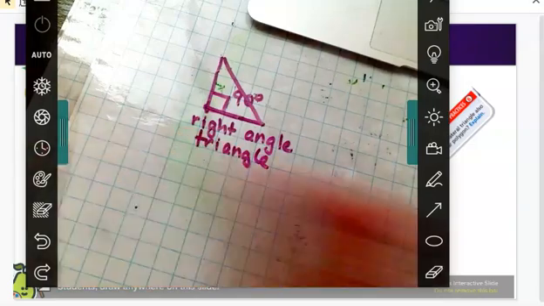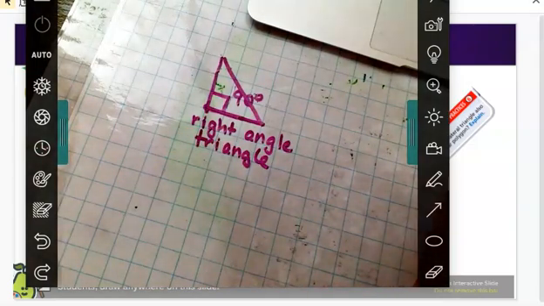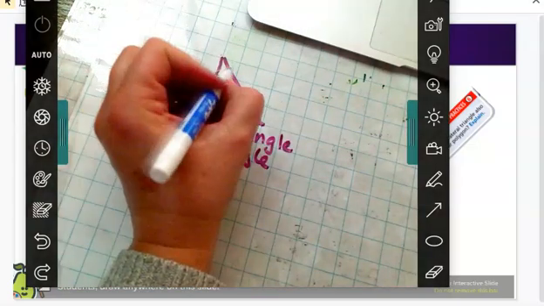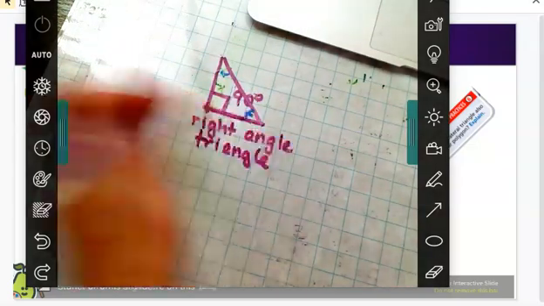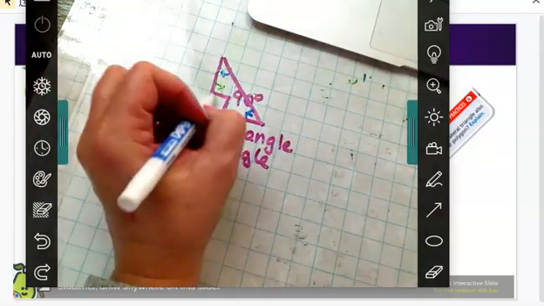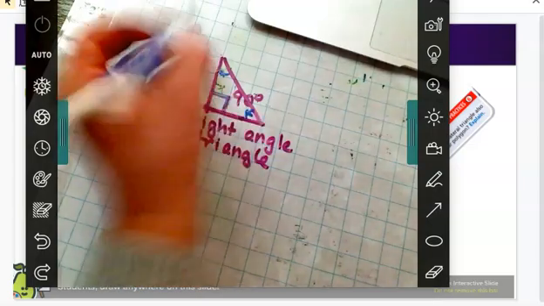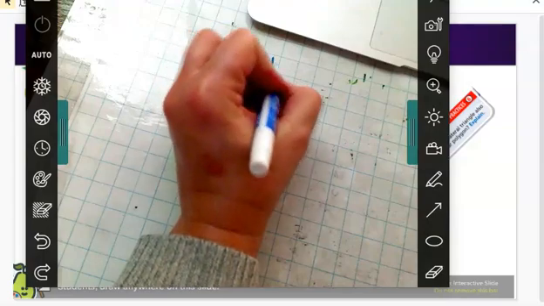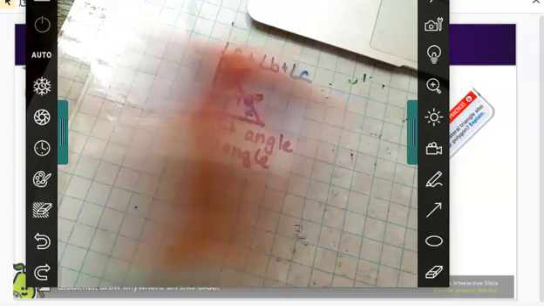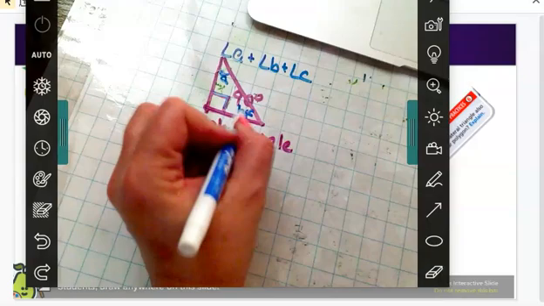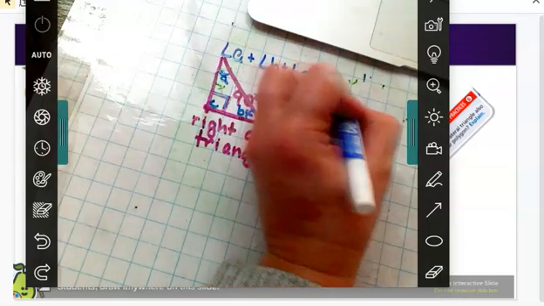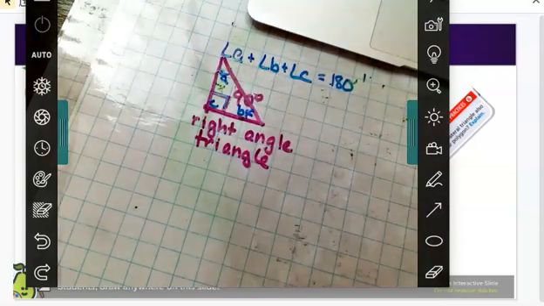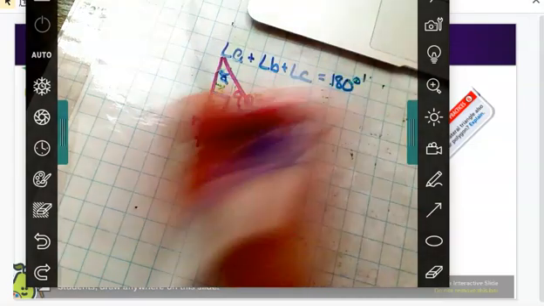Now, something you may not know, but just like a triangle has 3 sides, a triangle has obviously 3 angles. Okay, 1 angle, 2 angle, 3 angle. And these angles, angle A, angle B, and angle C, all equal 180 every single time. Isn't that interesting? So they will always add up to 180 degrees.